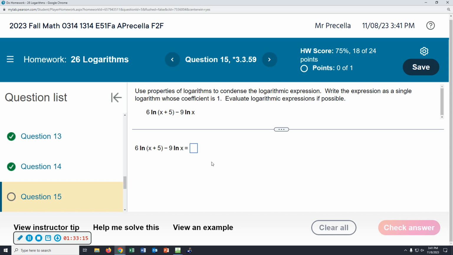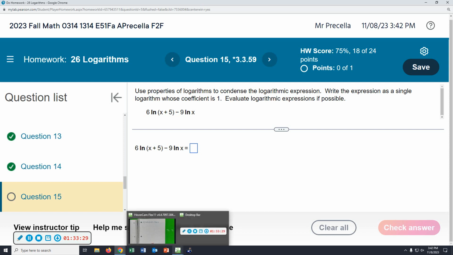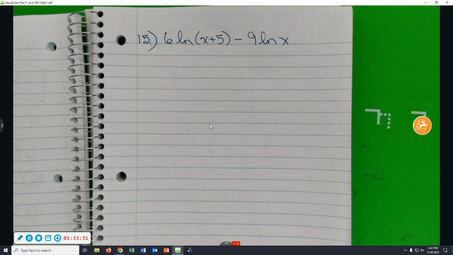6 times the natural log of x plus 5 minus 9 ln x. I'm doing it. So, I'm going to write my ln.